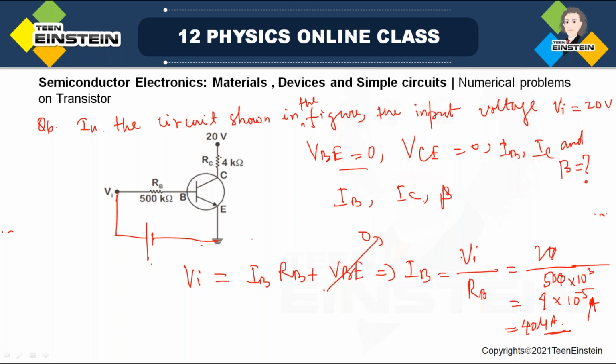And then what will be IC and beta? Here, if I had beta, then I could write that IC is equal to beta into IB, but now I cannot do that because I don't know even IC. So how to find out IC? In a similar way, you complete the circuit. So this part you have, this is also 20.